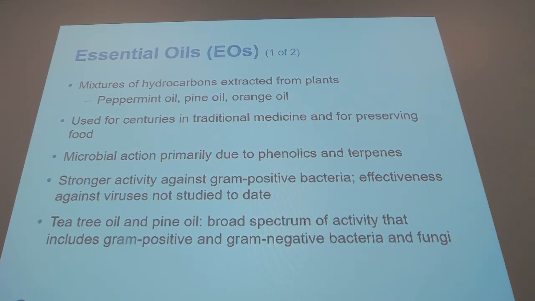It has been tested that they have efficacy against gram-positive bacteria and against some viruses. But when it comes to the viruses, the efficacy hasn't been studied really well. Another example of these essential oils is tea tree oil. And just like pine oil, it's broad spectrum, so it can kill gram-positive bacteria, gram-negative bacteria, and fungi.